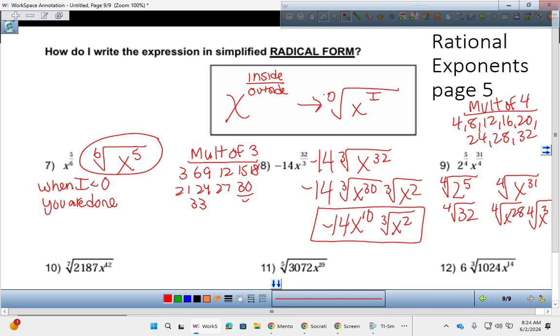So it's inside number 28 divided by outside number 4. That's 7, but I can't forget that there's an x on that. When the inside number is smaller than the outside number, we're done. So that takes care of the variable part. Now, in terms of this part, we're going to go to the y equals screen, and we're going to do 32 divided by x.